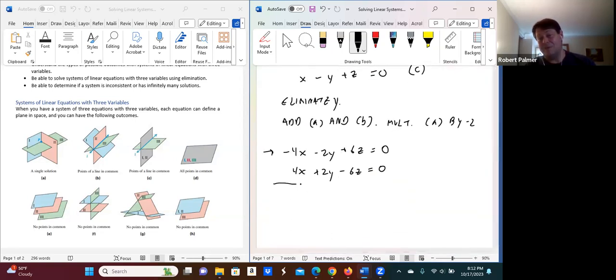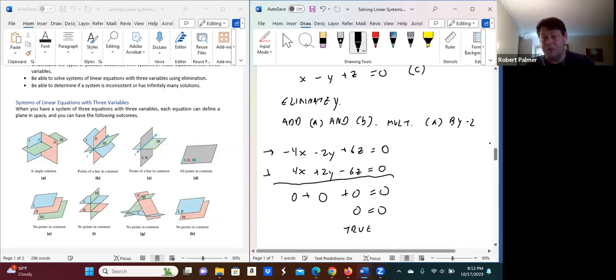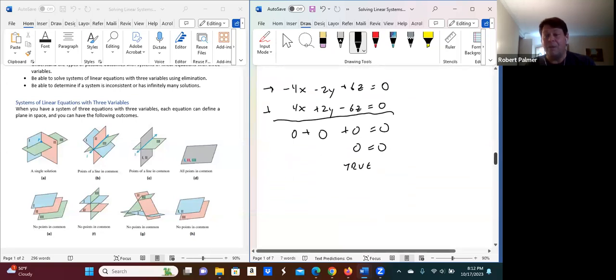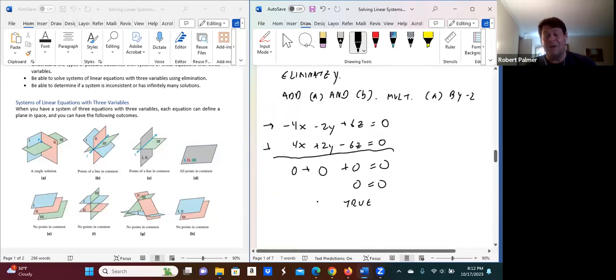Then once again, if we add those, we do eliminate y, which is what we wanted, but also once again eliminate both x and z. This time we get something different. We get 0 equals 0, which of course is true. So we get a true statement.